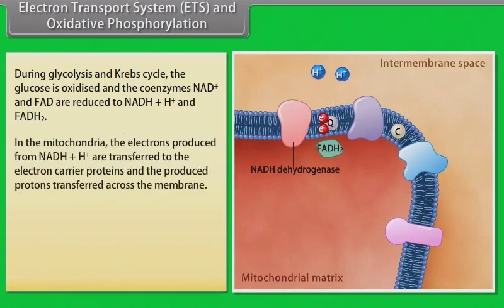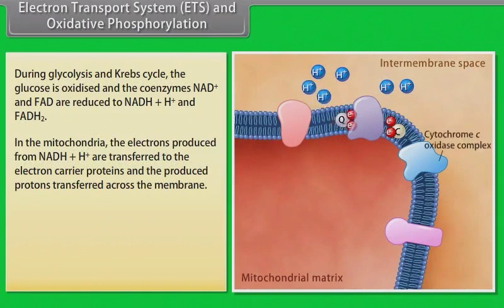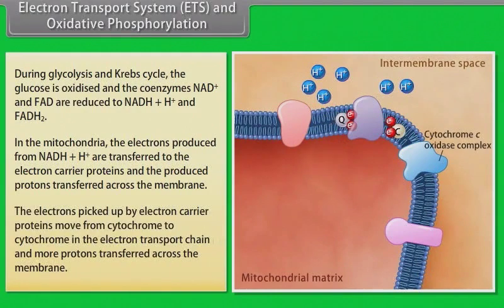In the mitochondria, the electrons produced from NADH plus H+ are transferred to the electron carrier proteins and the produced protons are transferred across the membrane. The electrons picked up by the electron carrier proteins move from cytochrome to cytochrome in the electron transport chain, and more protons are transferred across the membrane.